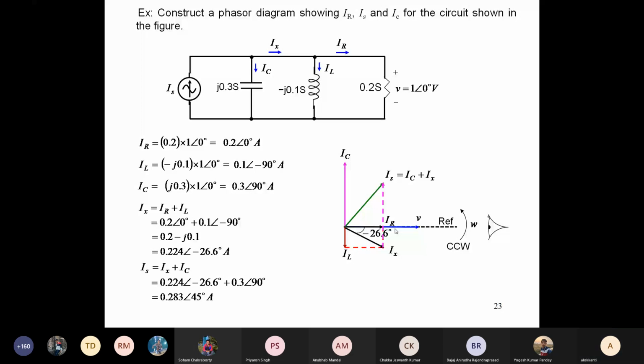So this can even be a quiz question. If somebody asks what is the angle of Is, and there are 4 options, 45 degrees is one of them. And orally also it can be done. Yes, sir.